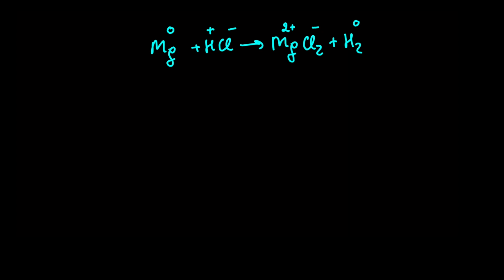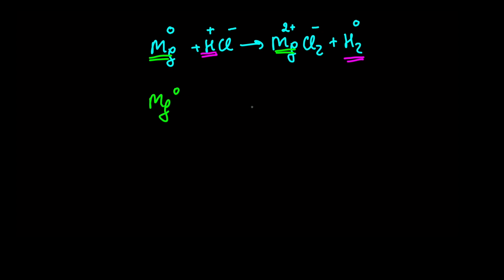If you have a hard time understanding the element's oxidation state, I recommend you to watch my second and third lessons. Now let us get back to this example. We can see that only magnesium and hydrogen changed their oxidation state, and chlorine stayed the same throughout the reaction. Let's write half reactions.